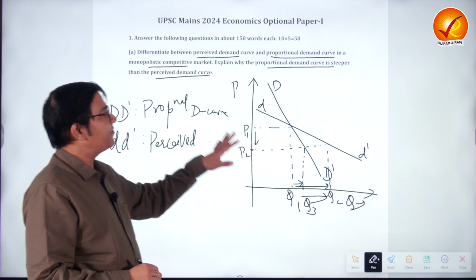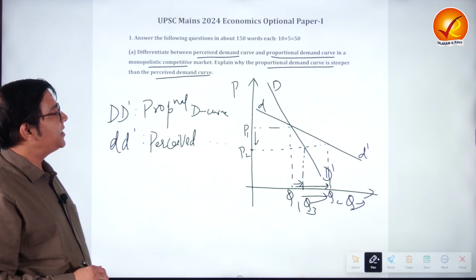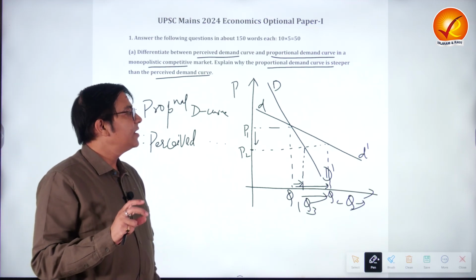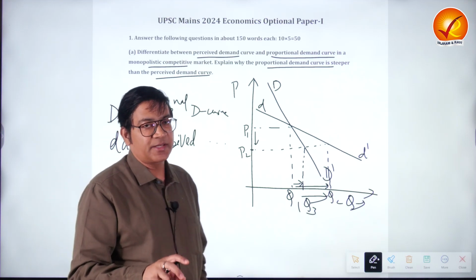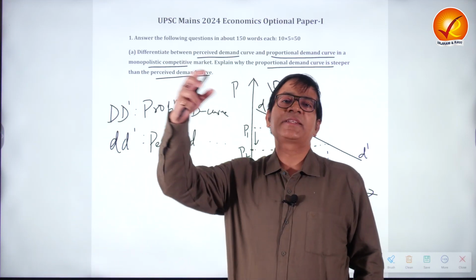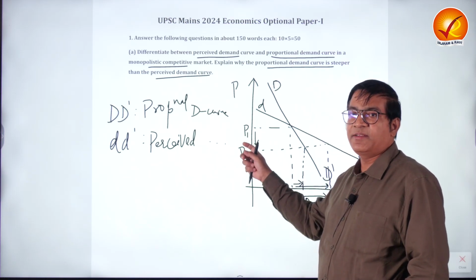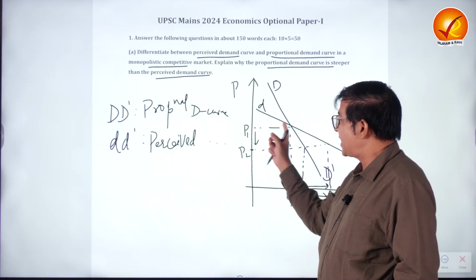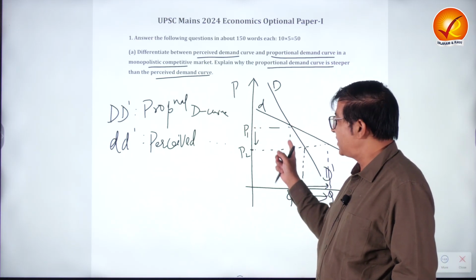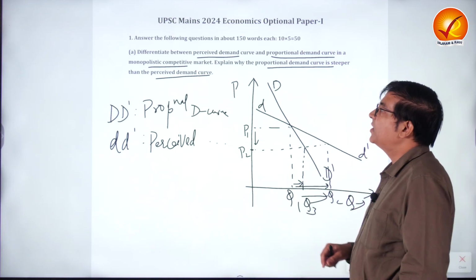Obviously, apart from the graph, you'll have to write the definitions. The perceived demand curve is that demand curve under which a monopolistic competitive firm expects how much extra it can sell whenever there is a fall in price, and the proportional demand curve shows the actual increase, denoting the market share, because other firms are also following.